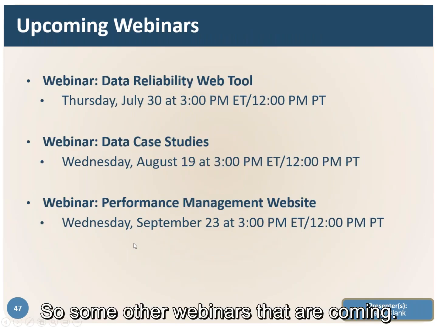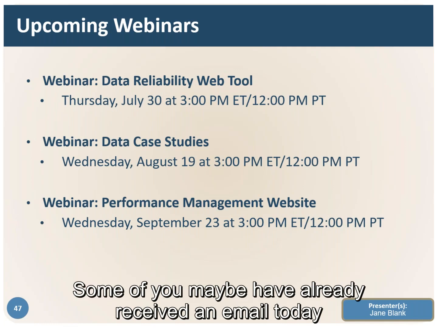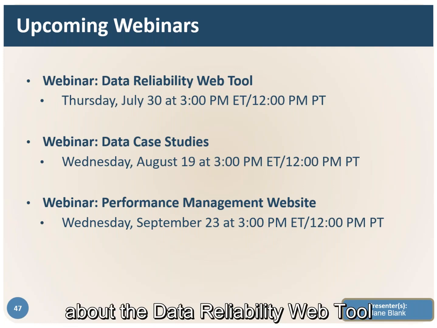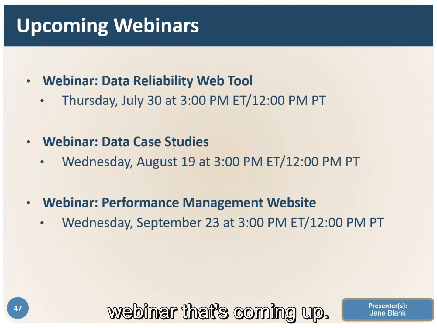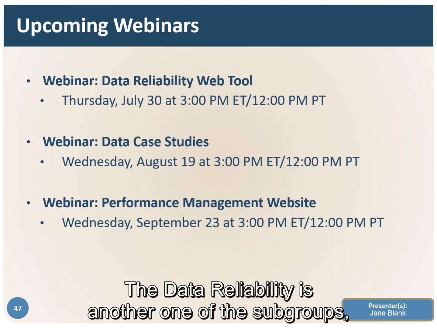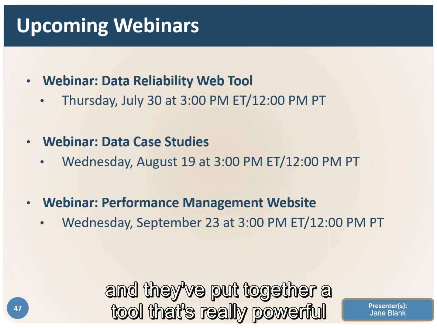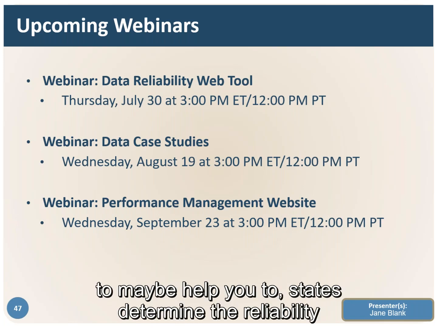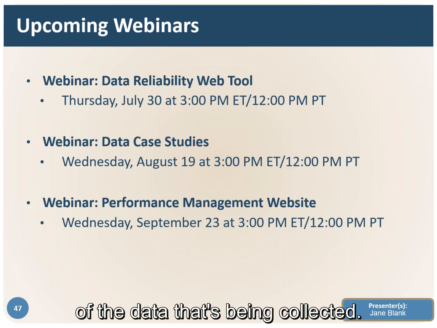So some other webinars that are coming. Some of you may have already received an email today about the data reliability web tool webinar that's coming up on Thursday, July 30th. The data reliability group is another one of the subgroups, and they put together a tool that's really powerful to help states determine the reliability of the data that's being collected.